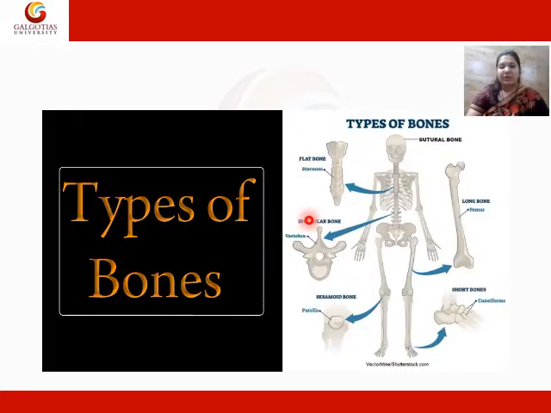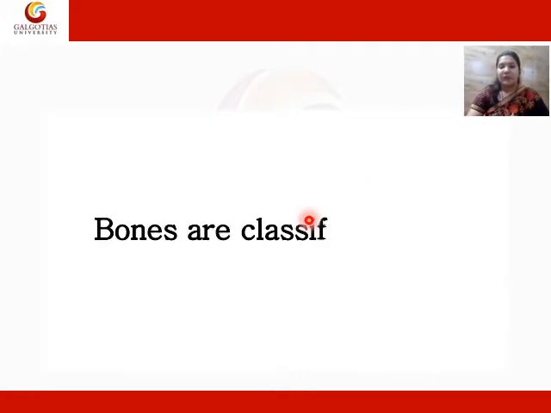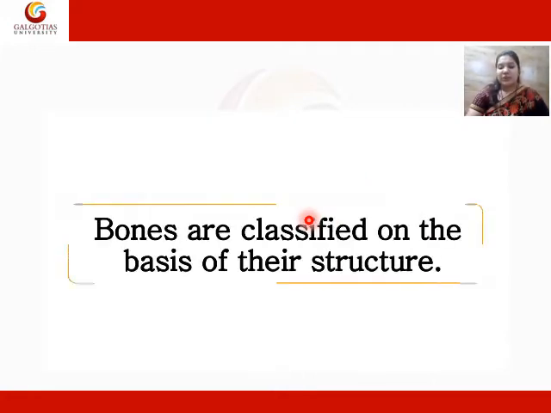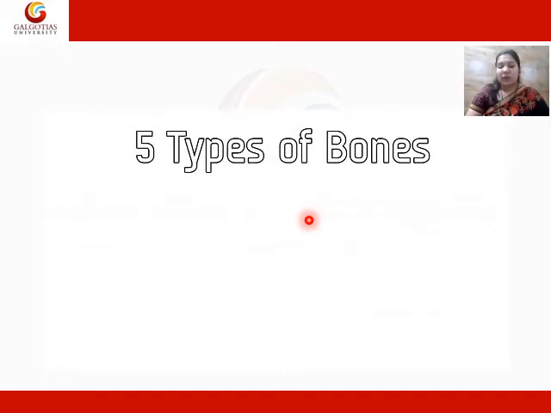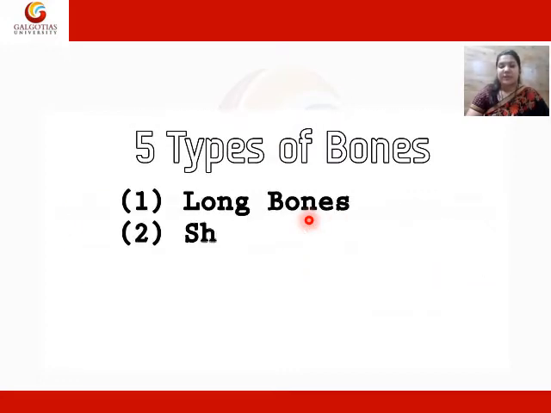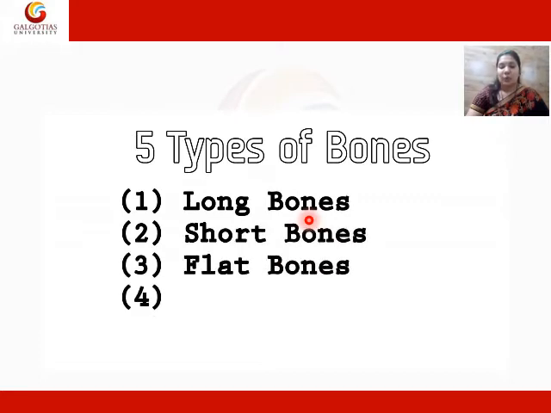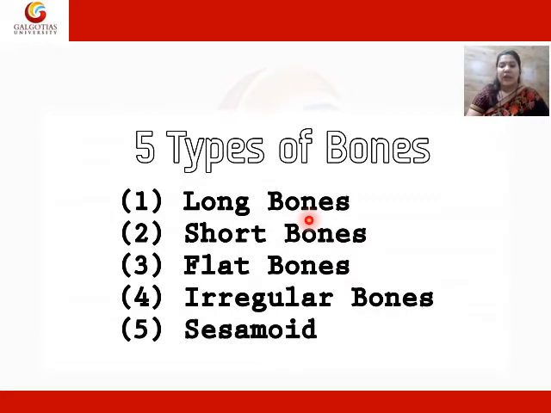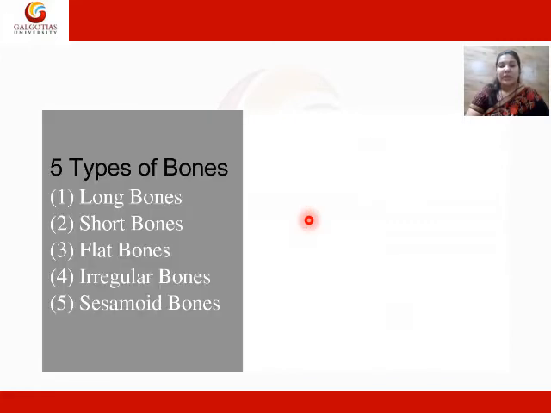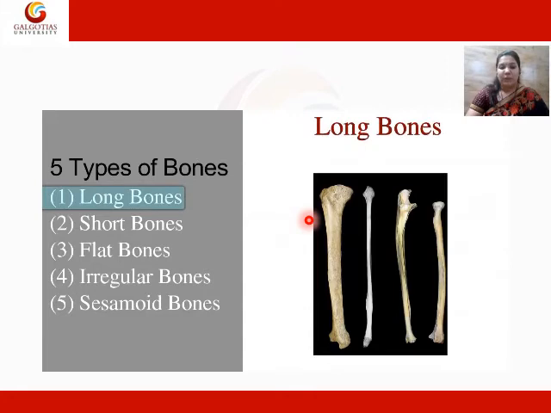The bone classification on the basis of their shape, or structure, is mainly of 5 types. First is long bone, then short bone, flat bone, irregular bone and the sesamoid bone. Let's discuss them one by one.